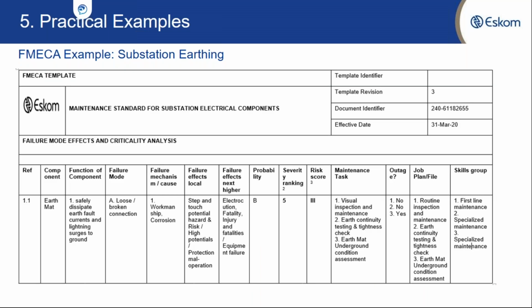Then again, this is an example of a maintenance standard showing that we have done an FMICA on one of our assets, and in this case it is a substation electrical component, which is earthing. And you can see there that we have addressed the failure modes, the failure causes, and all of these other elements up until we get to the recommended maintenance activity.